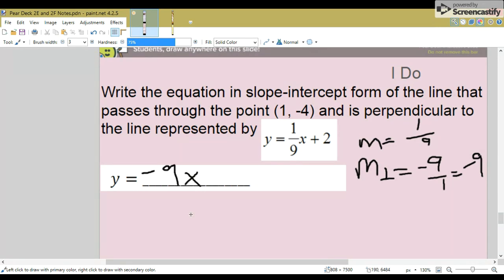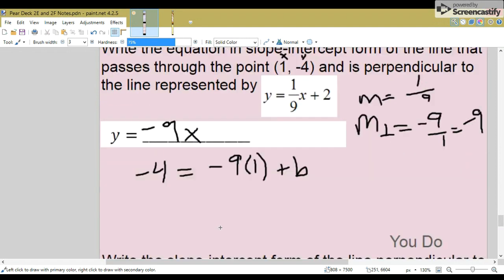Let's find that something by plugging this point into our new equation. So -4 equals -9 times 1 plus b. We're solving for b, so we want to get it by itself. We want to isolate it.